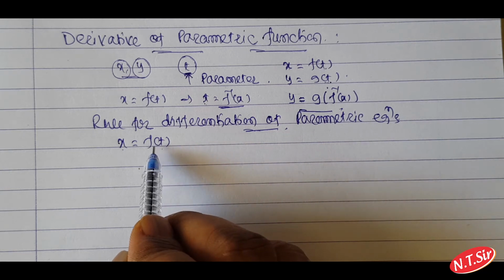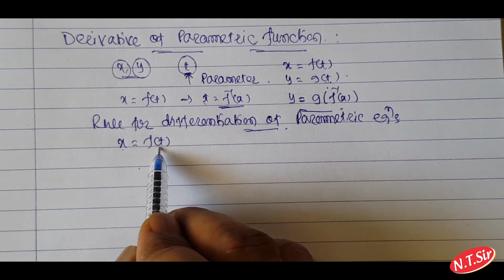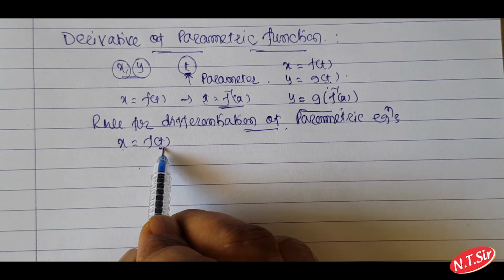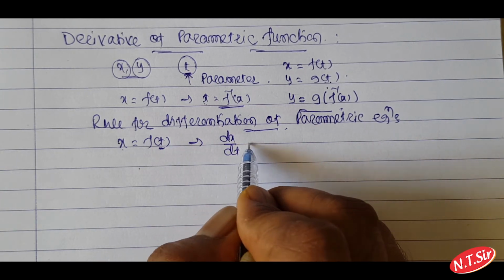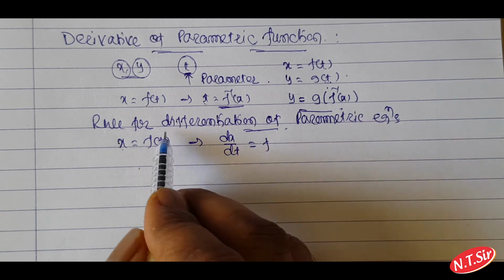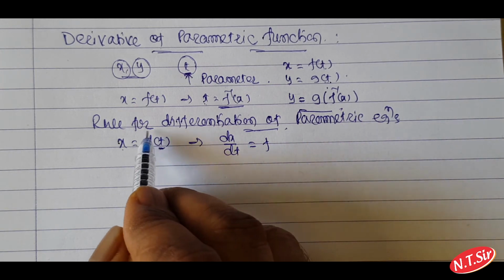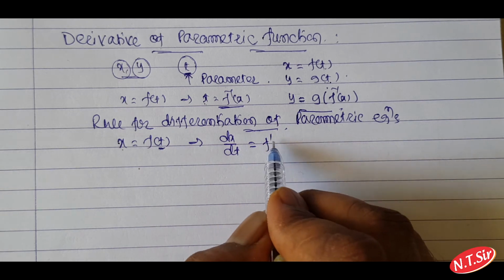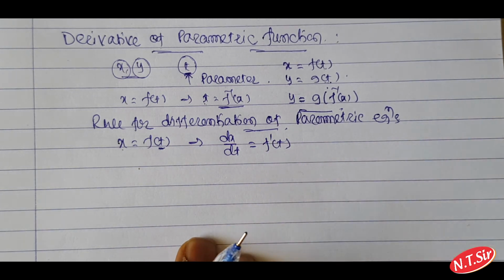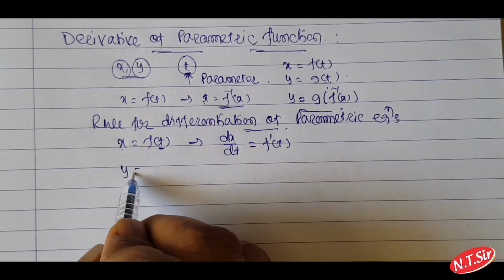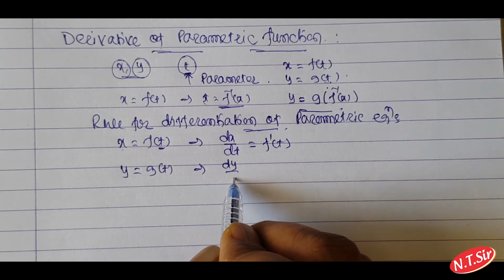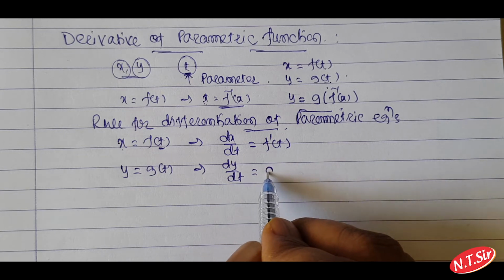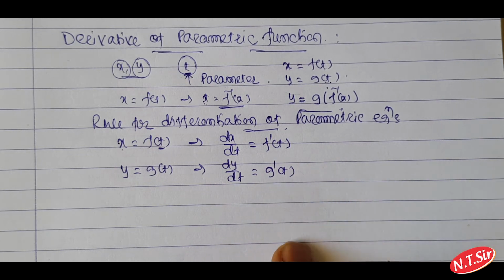We differentiate with respect to t, which gives dx by dt is equal to f dash t. And y is equal to g of t, so dy by dt is equal to g dash t.